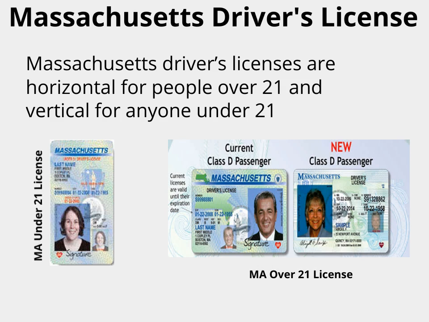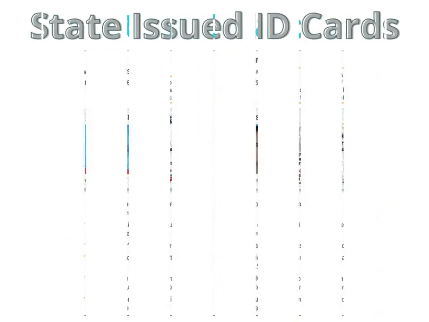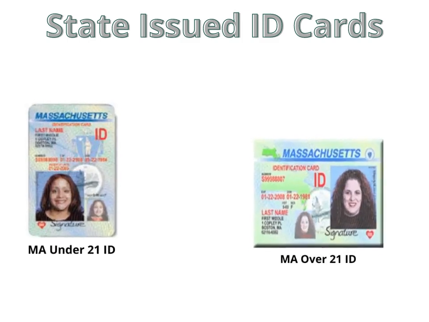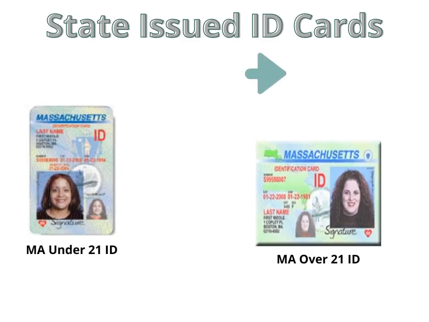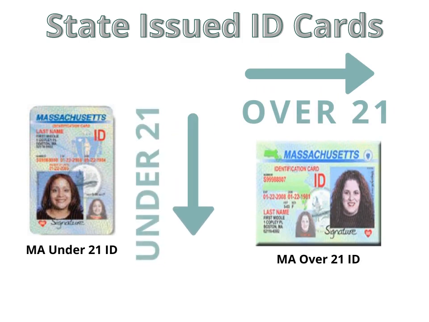On the left, you will see an example of an ID that is vertical for those that are under the age of 21. The new Real ID cards will be able to be used for federal IDs. State-issued identification cards are again horizontal for those over the age of 21 and vertical for those that are under the age of 21.